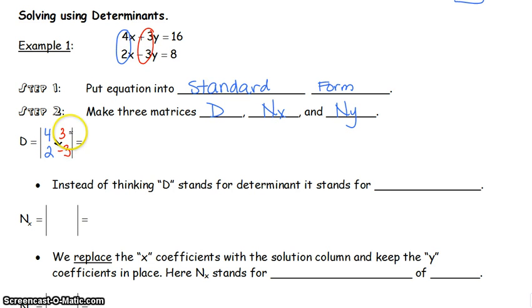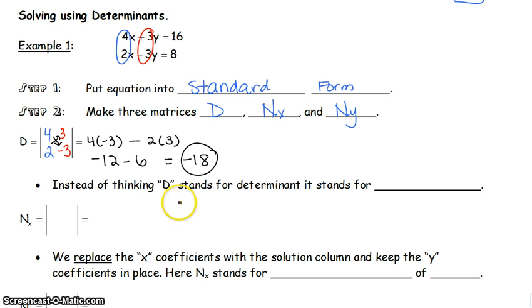So we've got 4 times a negative 3. Write down your subtraction sign before you forget. And then 2 times 3. So we've got a negative 12 minus 6, giving us a determinant value of a negative 18. Okay, instead of thinking D stands for determinant, which is probably your first instinct, think of it as standing for denominator. And we know that the denominator is the bottom of the fraction.